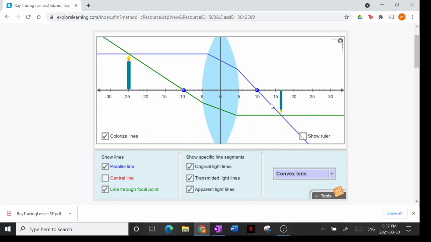It's a real image. The reason why it's a real image is because the light really goes there. Unlike a mirror, where when it was behind the mirror, the light doesn't actually come from behind the mirror. So there's no real image back there. In this case, there is a real image there. If I were to put a screen in this location, I could see the image of the candle. In fact, we're going to do a lab like that on Thursday, with the candles, as promised.